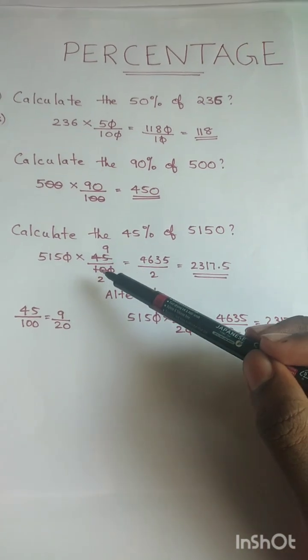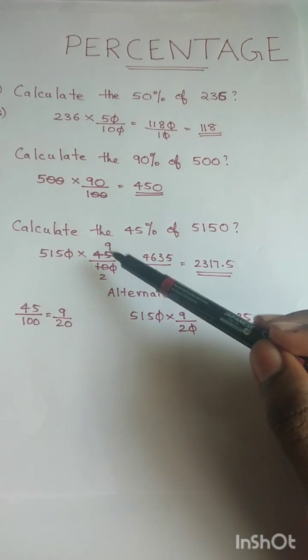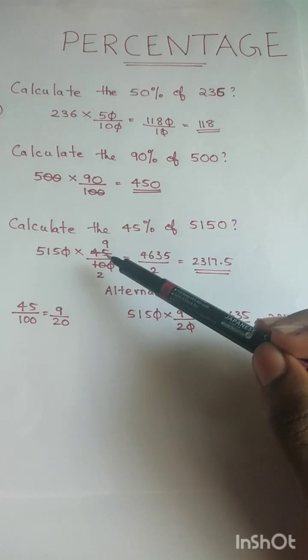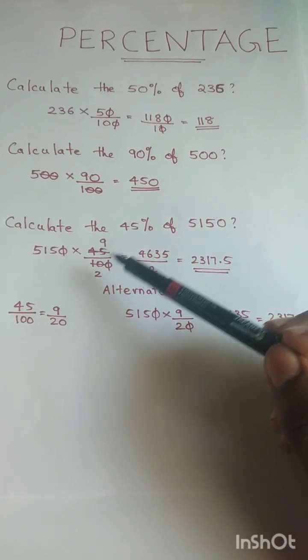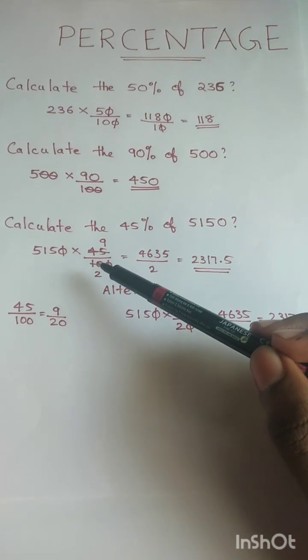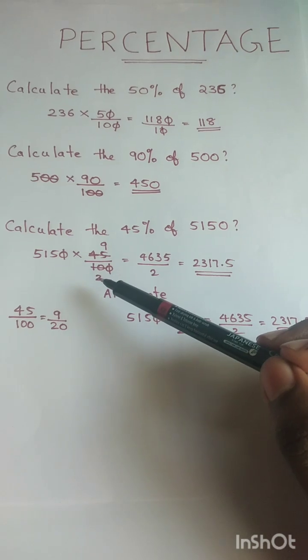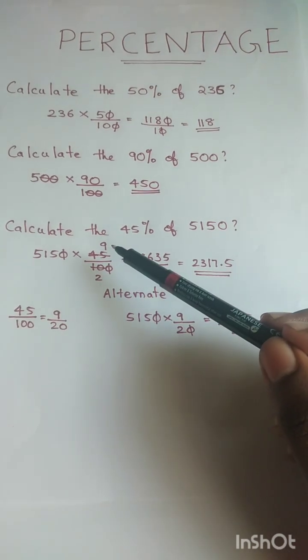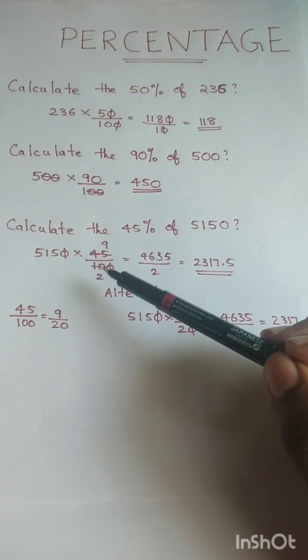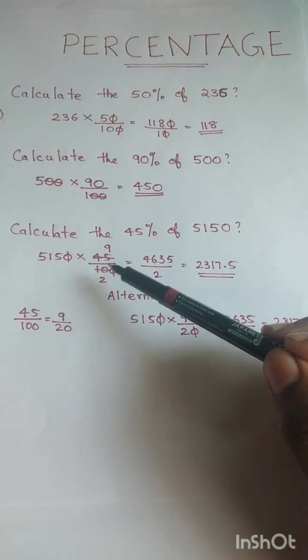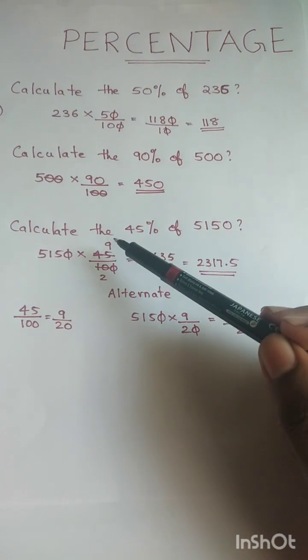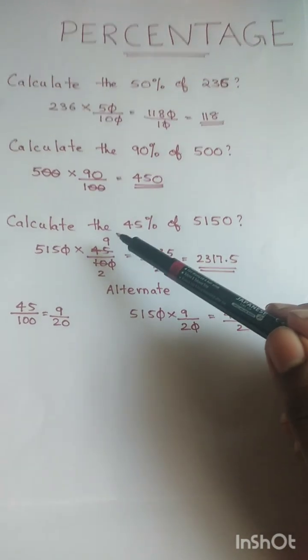So when we look at these numbers, there is a common multiple inside of them. So 10 can be divided by 5 and 45 can also be divided by 5. So 5 into 2 is 10, 5 into 9 is 45.